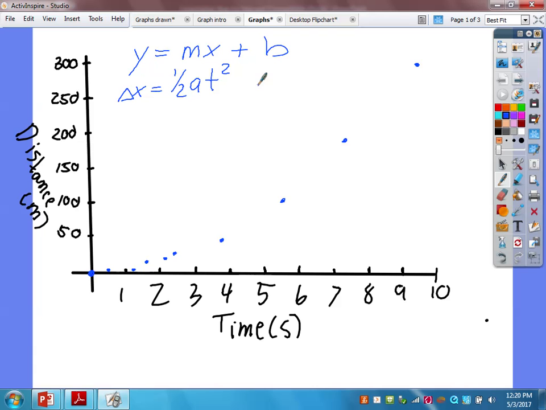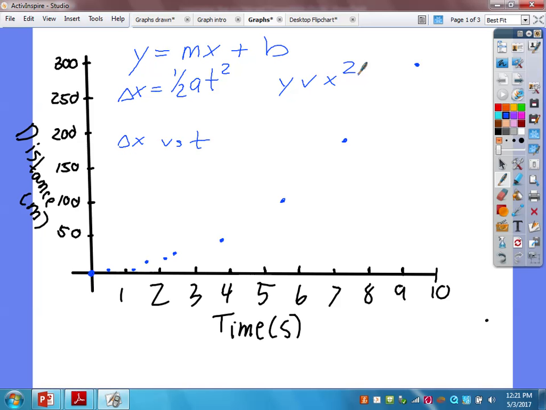What we're saying is we just graphed delta x versus t, and we got a curve. That's because if I do delta x versus t, because t is squared in the formula, I'm getting y versus x squared. I'm getting a y versus x squared graph, which causes me to get a curve.